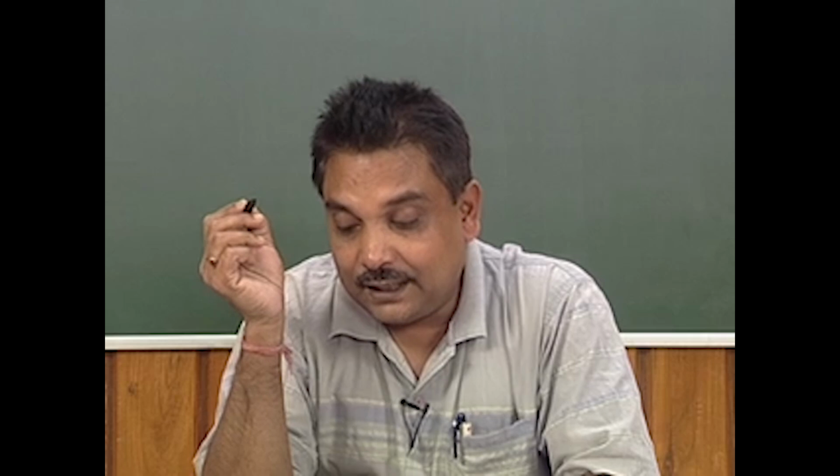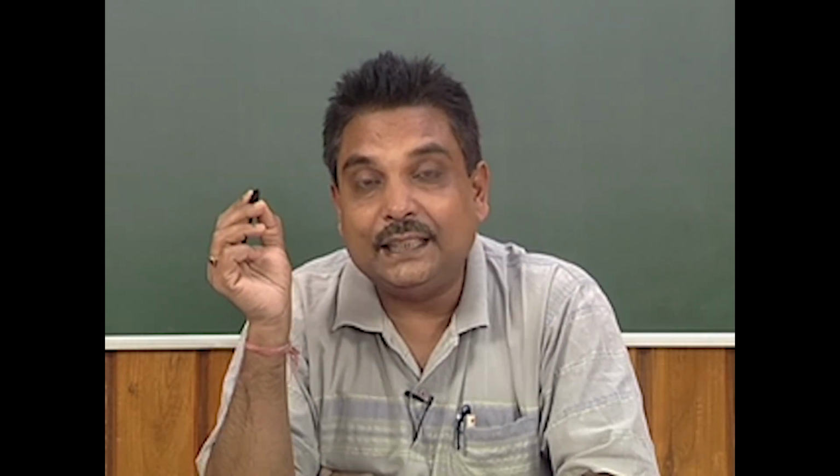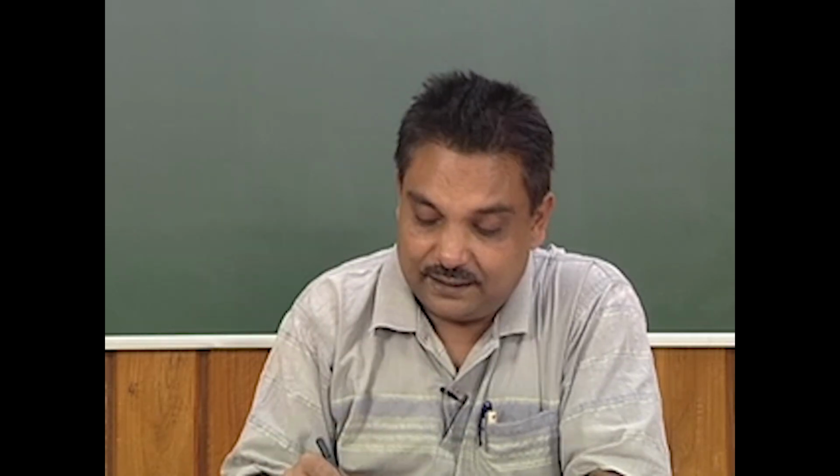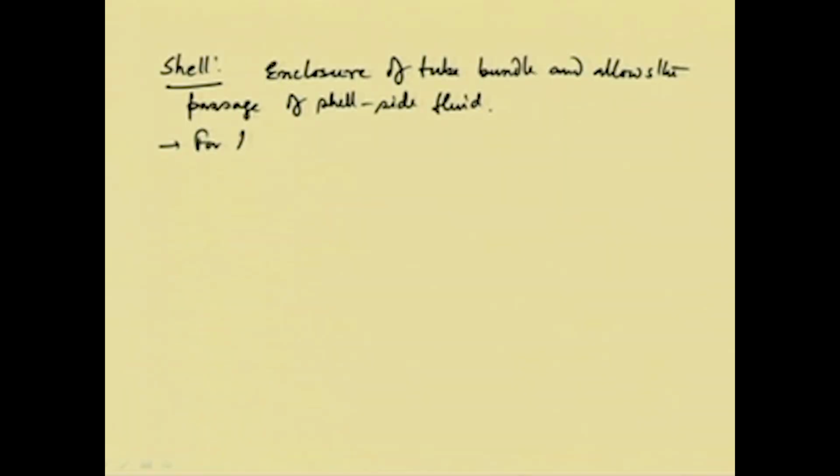The shell is usually bigger in size. For a big shell, how is it fabricated? A metal plate is rolled to give a shell, and then welded in the axial direction.